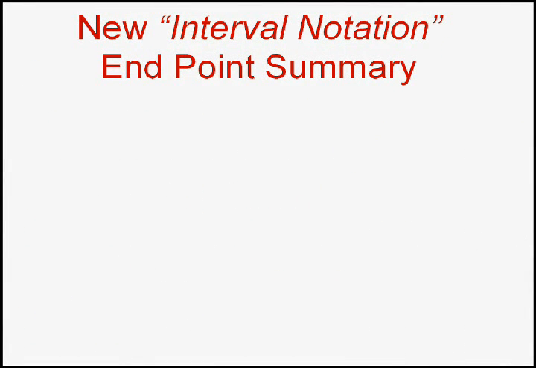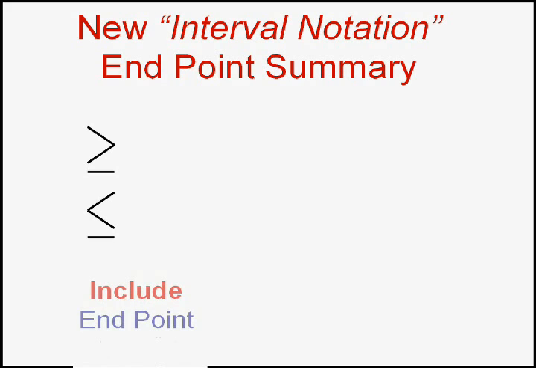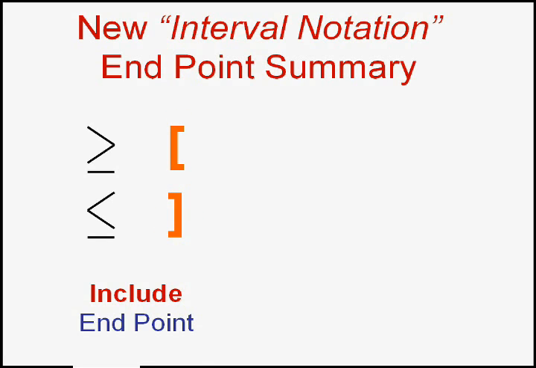Okay, so let me summarize. When we have a greater than or equal to, or a less than or equal to, that means we want to include the endpoint, the "or equal to." We're going to use a bracket. Make sure it goes the right way.